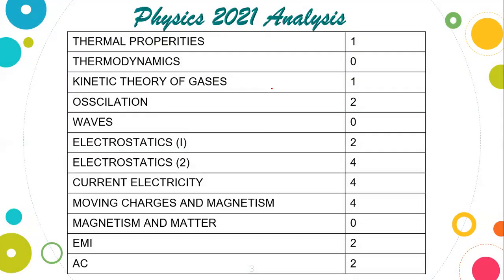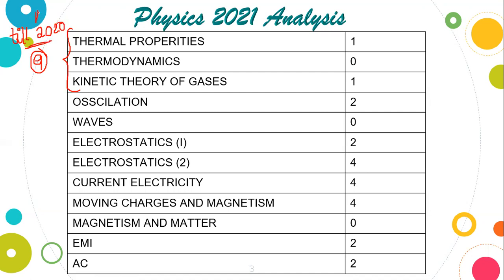Fluids, 1. Thermal properties. Till last year, from thermal properties of matter, thermodynamics and kinetic theory, you could expect a maximum of 9 questions, until your NEET 2020 exam.